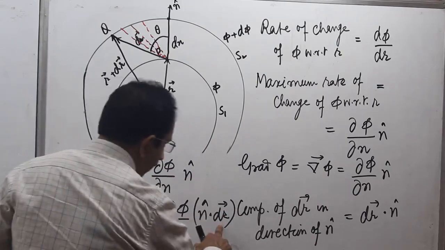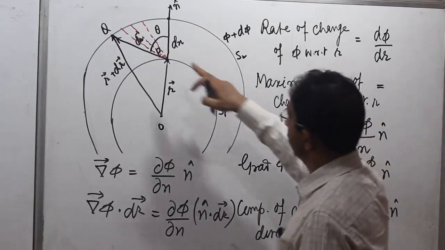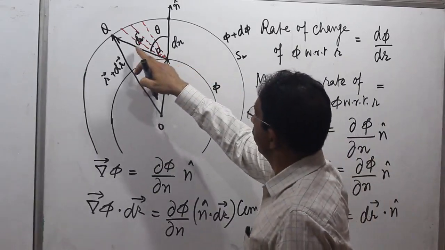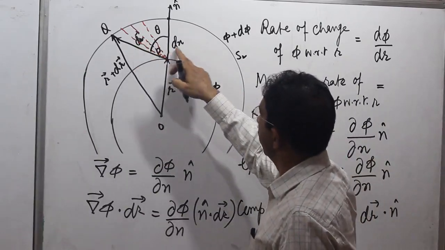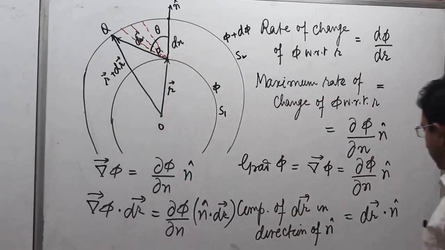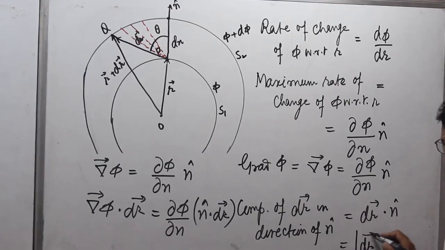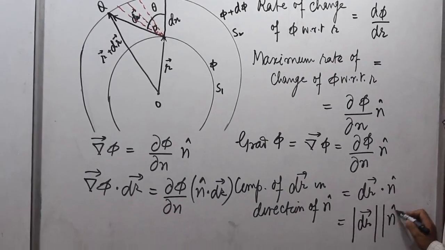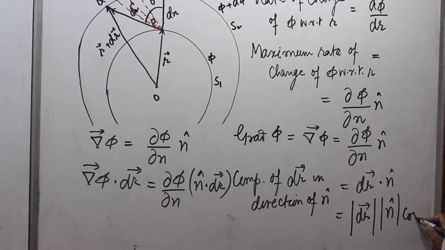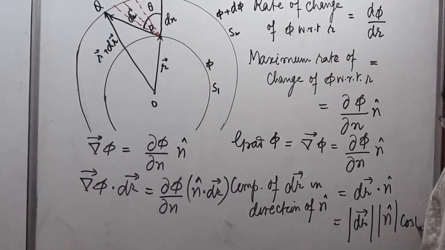Now this n cap dot dr, you will agree from here that when you take this dot product of dr and this dn or n cap, this will be simply equal to the magnitude of first into the magnitude of second into the cos of the angle between the two. So that is cos theta.